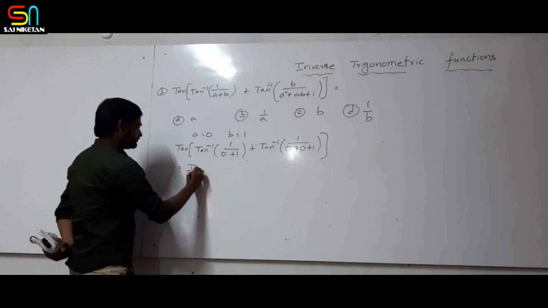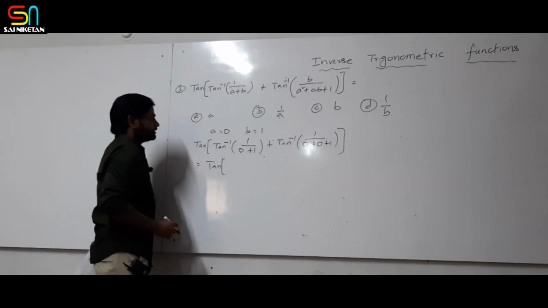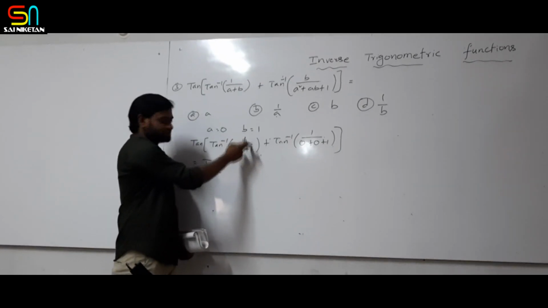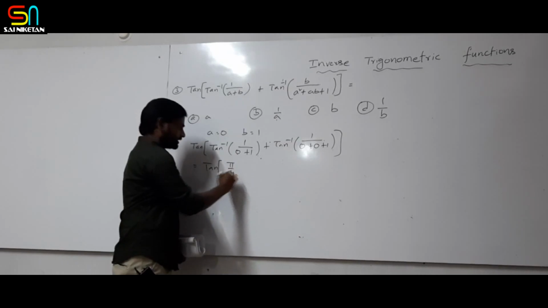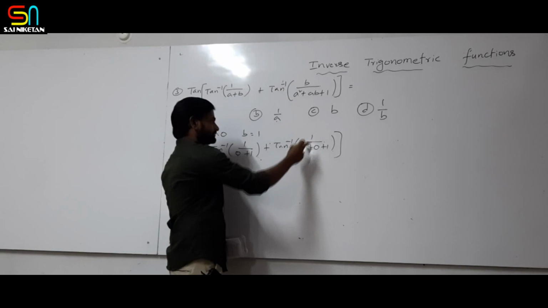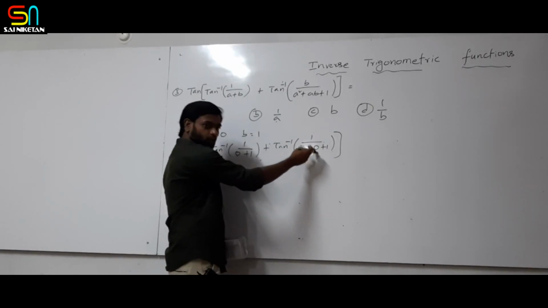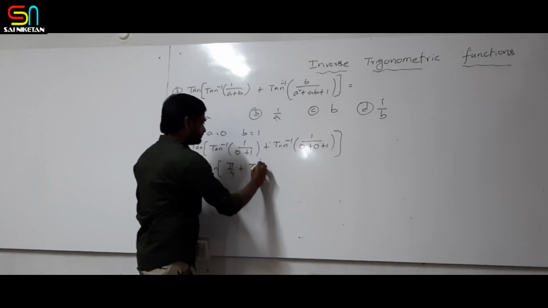That is tan of tan inverse of 1 by 0 plus 1, which is 1 by 1, is 1. Tan inverse of 1 is pi by 4, plus here also 1 by 0 plus 0 plus 1, that is 1 by 1, is 1. Tan inverse of 1 is again pi by 4.